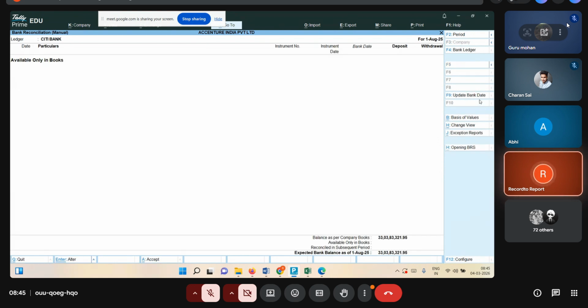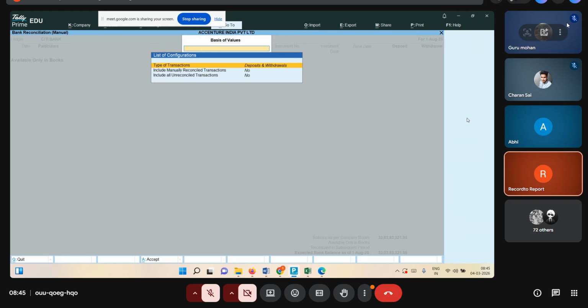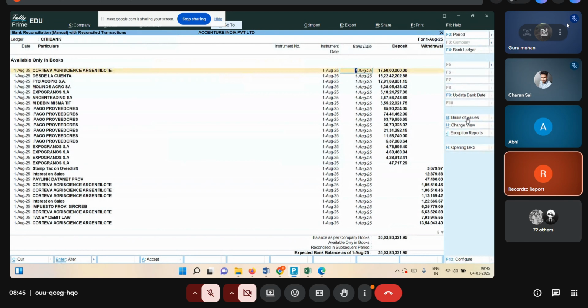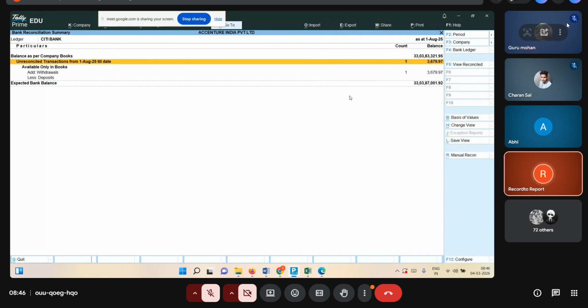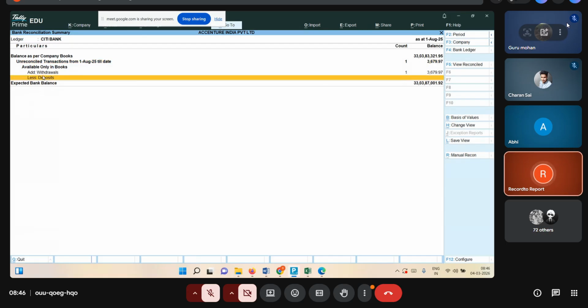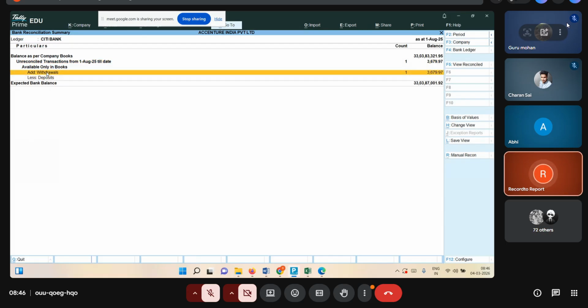So for example, assume this transaction I did not update a date. Is it included in unreconciled transactions, guys? Unreconciled is nothing but open items. So which open item do we have? We have deposits or withdrawals. We have one withdrawal transaction which is not matching. So there is a difference.